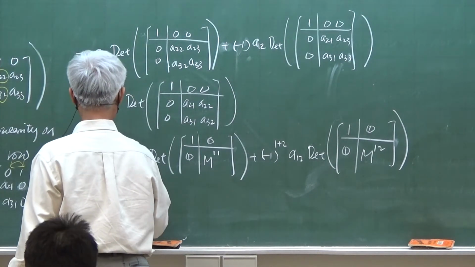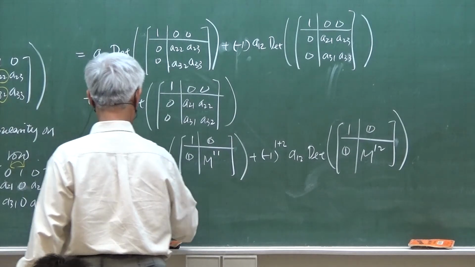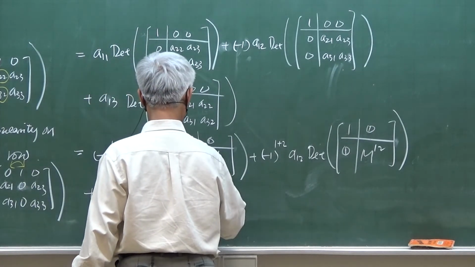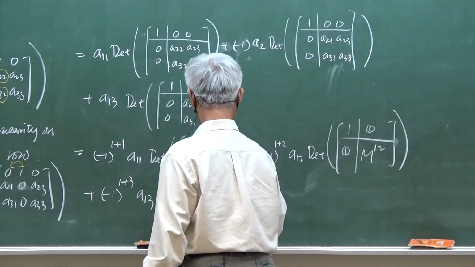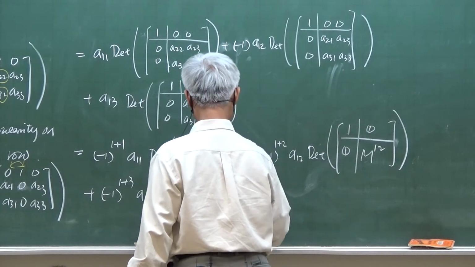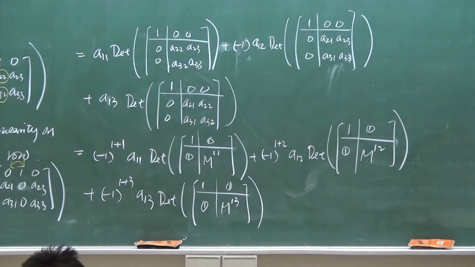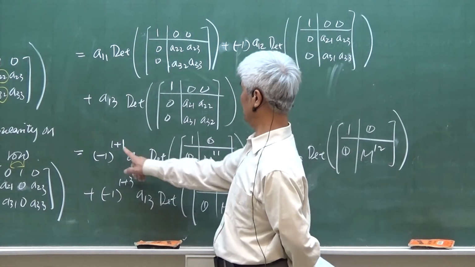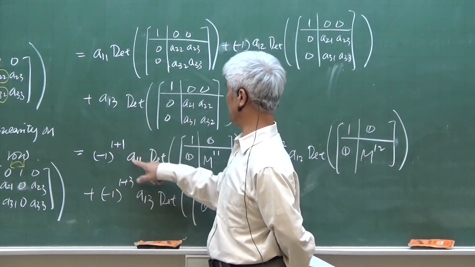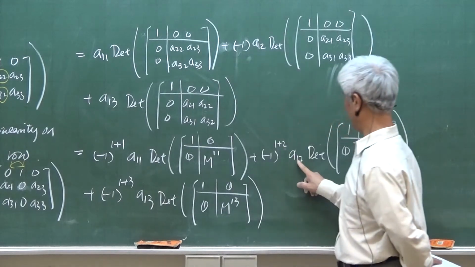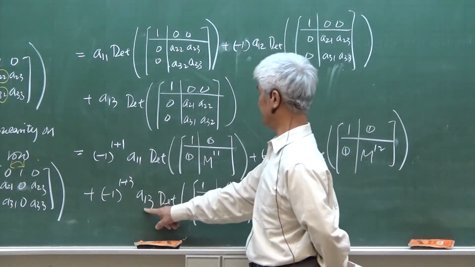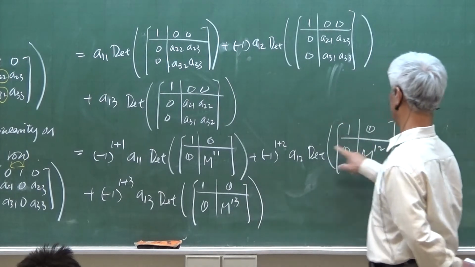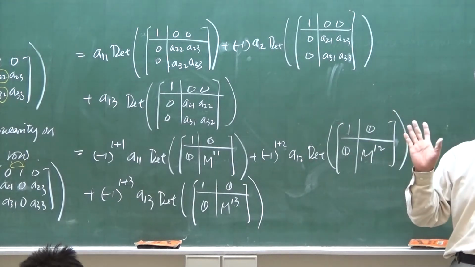And finally, 1 plus 3. So they are matching, right? 1 plus 1 is A11, 1 plus 2 is A12, and A13 is 1 plus 3, and M13. It is just perfect.